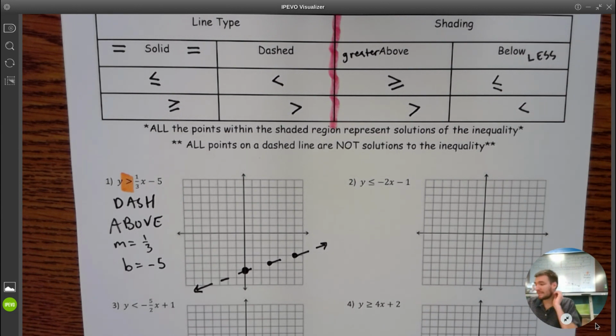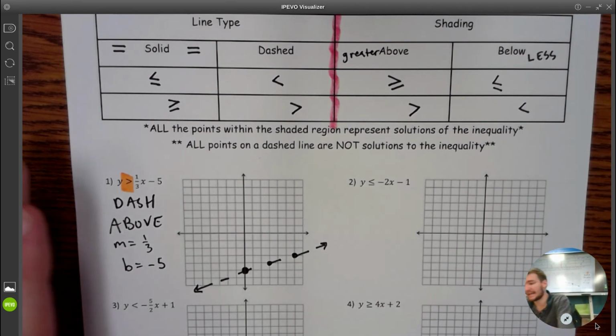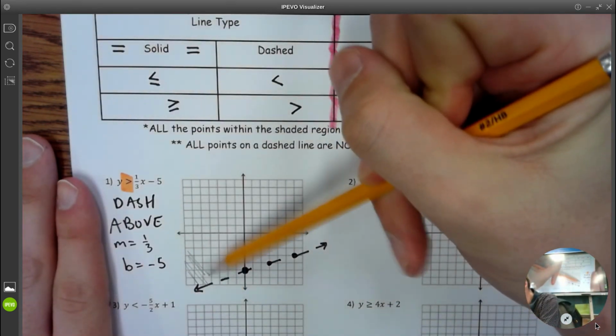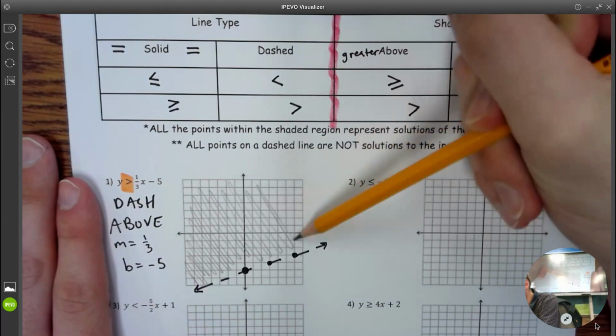If it's your first time in my class, when it comes to coloring these, it does not have to be perfect. What I recommend is that you do about 3 seconds worth of coloring. So for about 3 seconds, I'm just going to go 1, 2, 3.